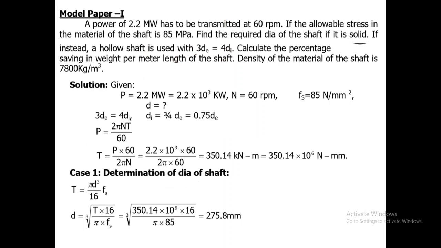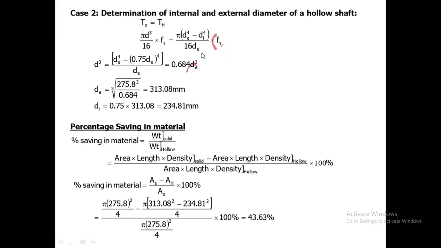The relationship is mentioned for the hollow shaft: dE is 4 by 3 times dI, or dI is 3/4 times dE. Using this relationship, we substitute and get the value of dE first, and dI is 0.75 times dE, so we get the value of dI.